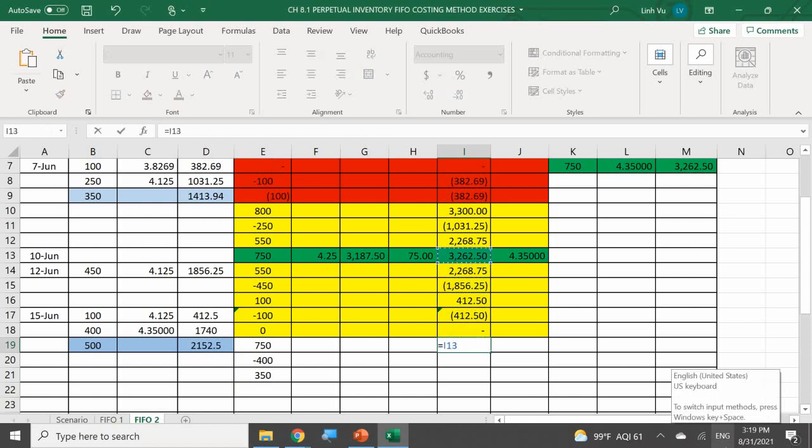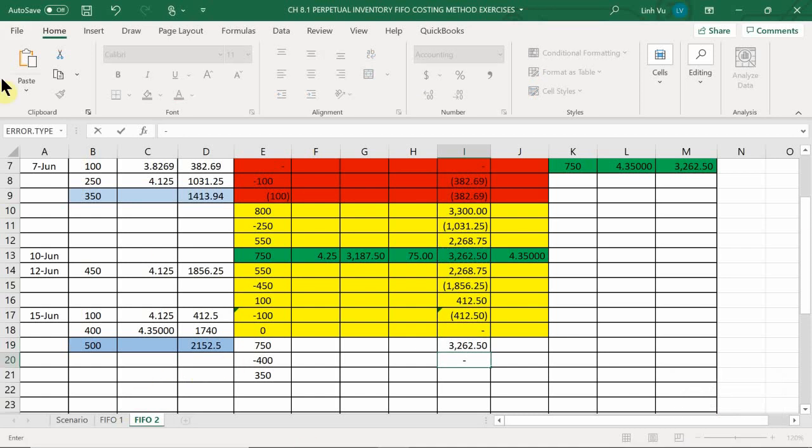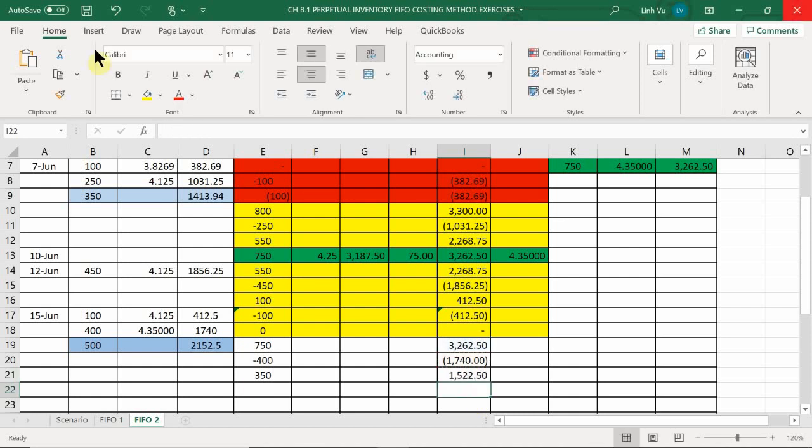If I started with 3,262.50 and I just sold 17.40, how much should I have left? 1522.50. Good. And this is all the green batch.